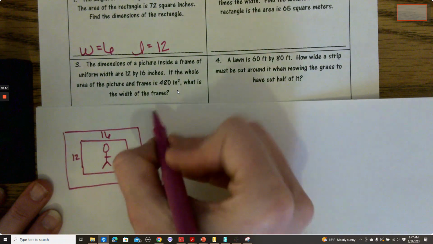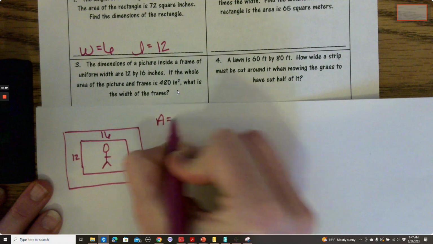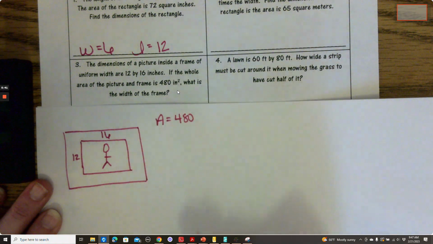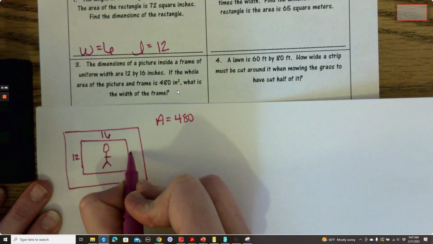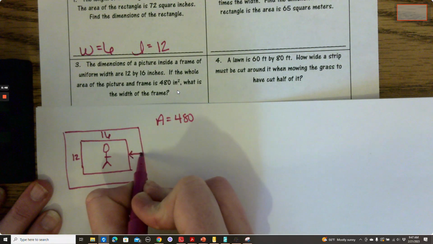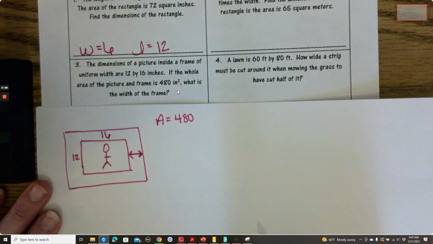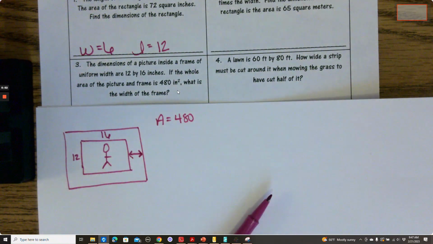and the whole area of that is 480. It says, what's the width of the frame? So I've got to find the distance from here to here. Okay, so think about a picture frame. This picture is 12 by 16. The area of the whole thing is 480.